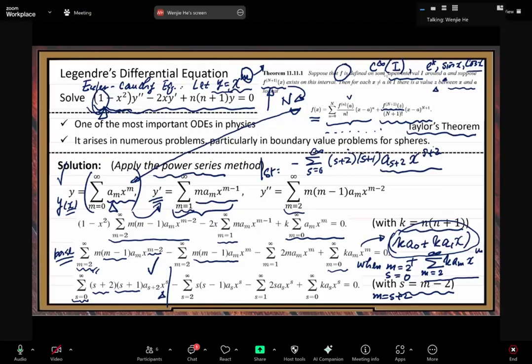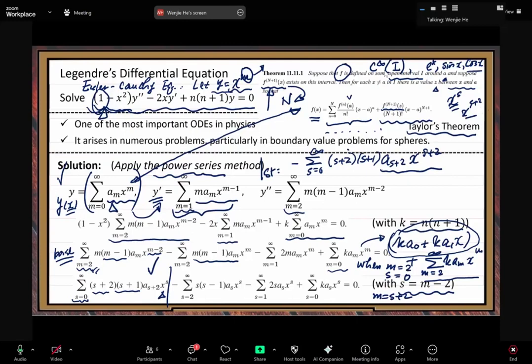They do not match, because we want our general term in the representation s. The second summation has s plus 2, so they are not compatible. If we add them together, how can you add, right?